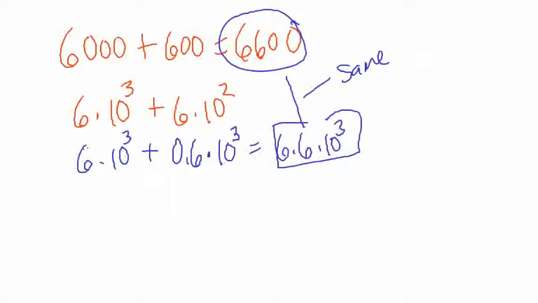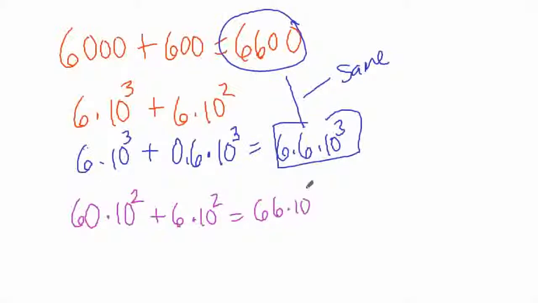Now you also could have changed them both to an exponent of 2. For the first one, 6 times 10 to the 3, let's make the 6 into a 60. Then let's make it bigger, but to compensate, let's make the exponent smaller. And now you can add the 60 and the 6, so 66 times 10 to the 2.